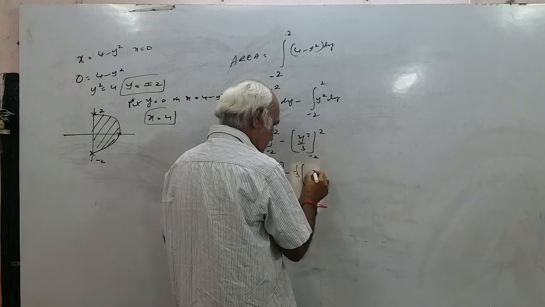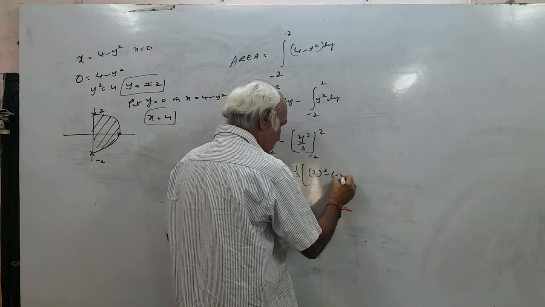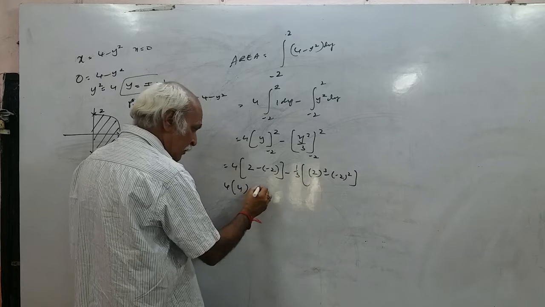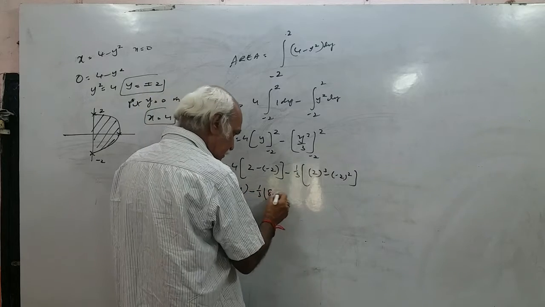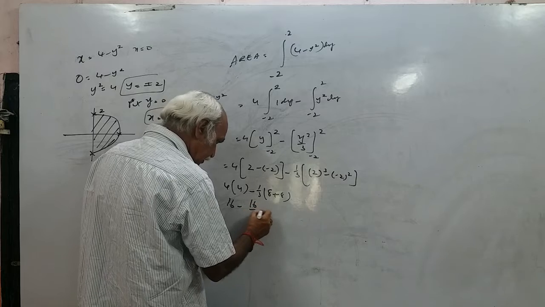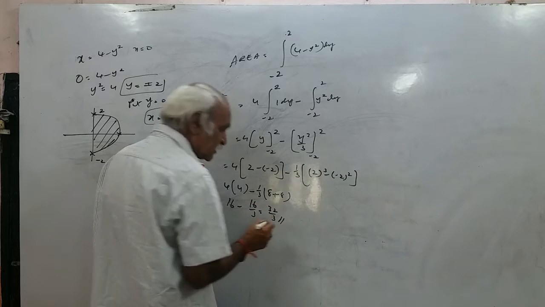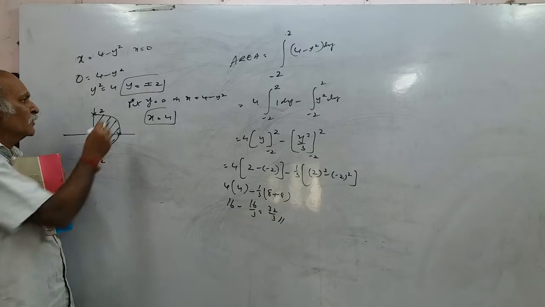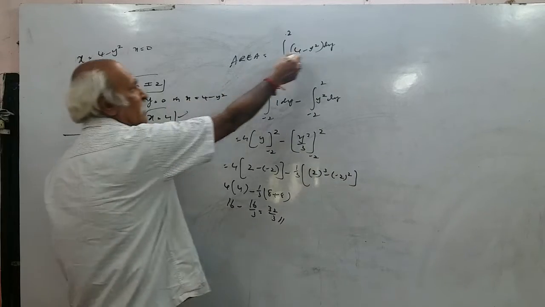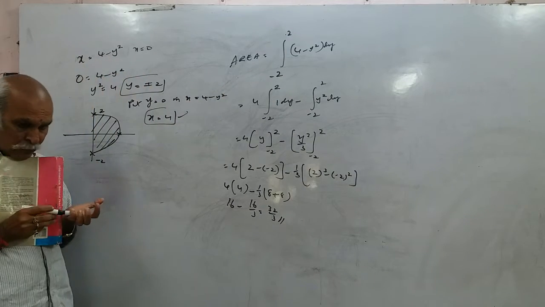Y cube means what, sir? 2 cube minus of minus 2 cube. So this becomes 4 into 4 minus 1 by 3 into 8 plus 8. So 16 minus 16 by 3. So how much do we get? 32 by 3. So what have we done? Same procedure. Here it is coming in the positive direction, so directly 4 minus y square. Okay, copy this. Next.